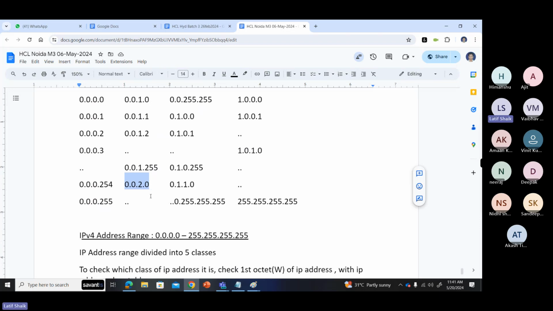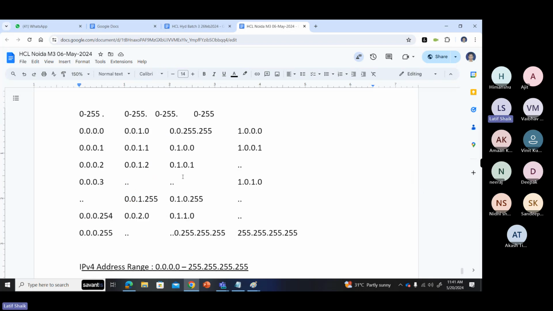Once it is filled, automatically a number is added and it increases. So 2.255, 3.0, 3.1, 3.2, 3.255, 4.0.